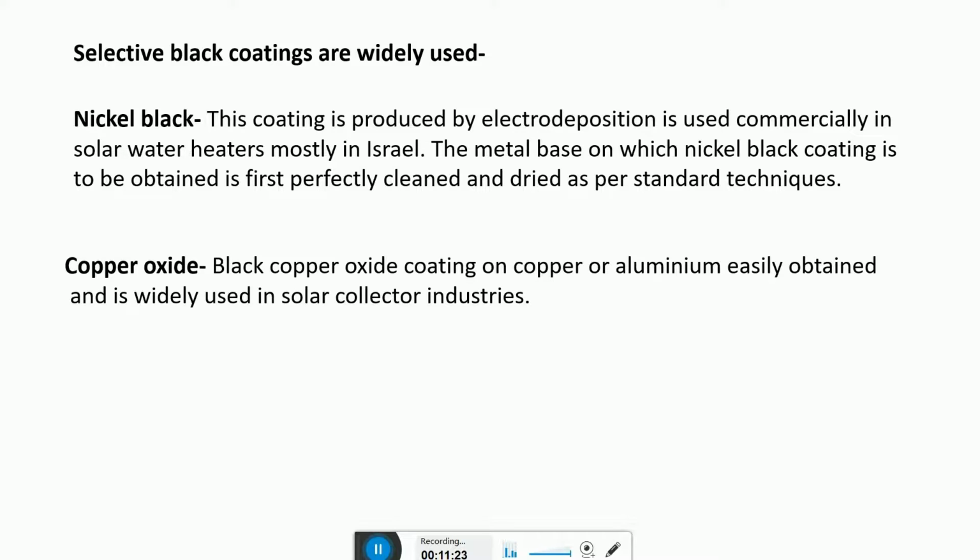Then the second one is copper oxide. A black copper oxide coating on copper or aluminum can be easily obtained and is widely used in the solar collector industry, particularly in Australia. Here is a method for obtaining a copper oxide coating on a copper substrate.